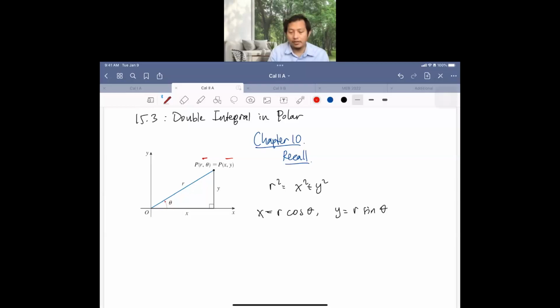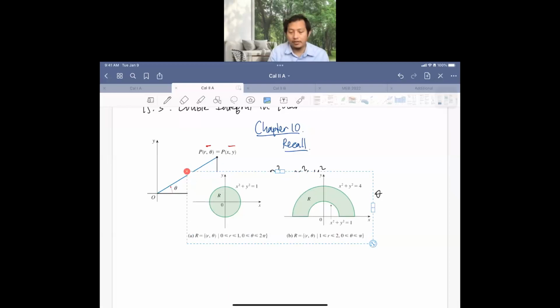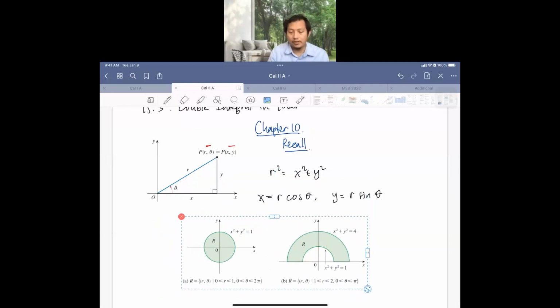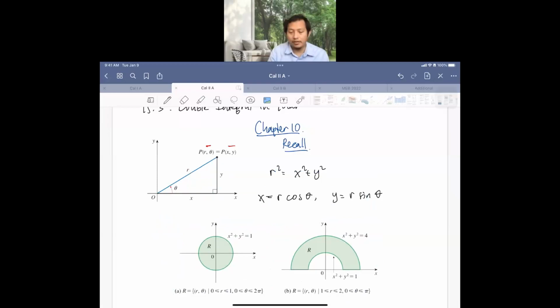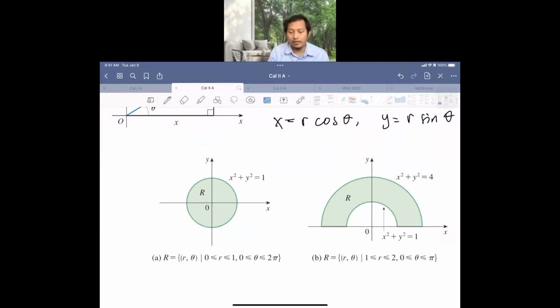Let me just show you some slight difference on the polar. If we see the left and right, we have two polar shapes, right? The left one is just a circle with a radius 1.